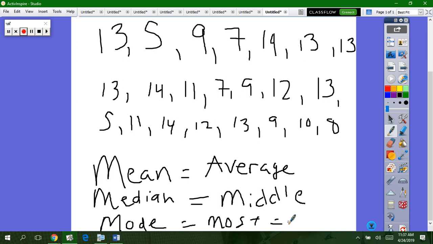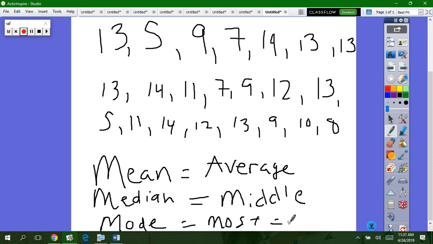Anyway, here's the controversy. There are some people that say that there's only one mode. Let's say, for example, there's the shoe sizes here. So we have quite a bit of 13s here, and let's say size 14 just had the same amount. Some people say then there's no mode. Statisticians fight about this all the time, because they have different definitions.